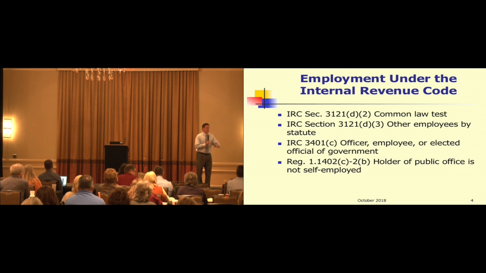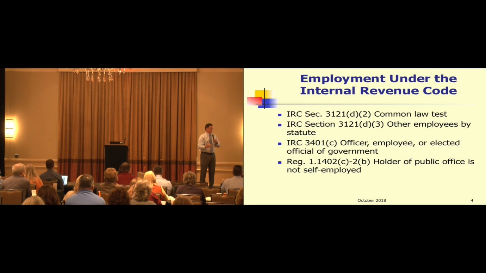So think Andy Griffith. Remember when he was sheriff and then he turned the plaque around and he was justice of the peace? All right? Any money that came to Sheriff Taylor as justice of the peace was considered fee-based.